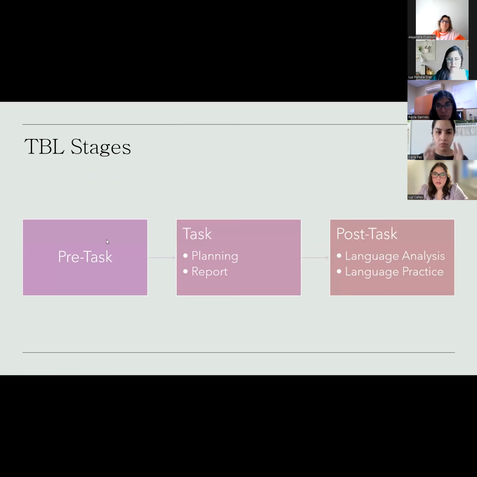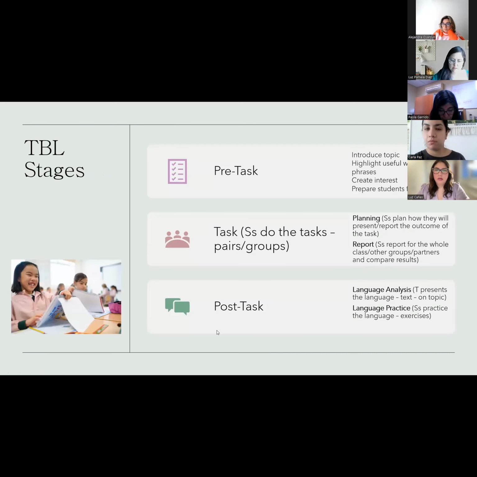So as Carla was saying, the stages that we can identify are the pre-task, the task itself that is divided into two, and the post-task that can have one of these options or the two options. Now we're going to see what to do in each of them.